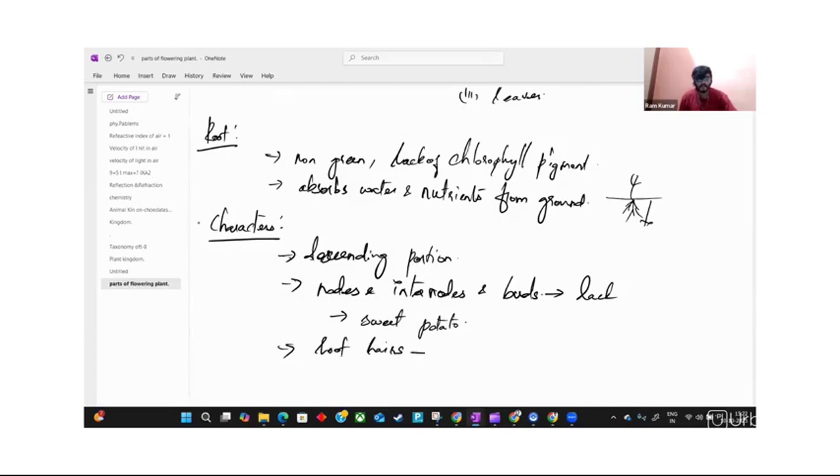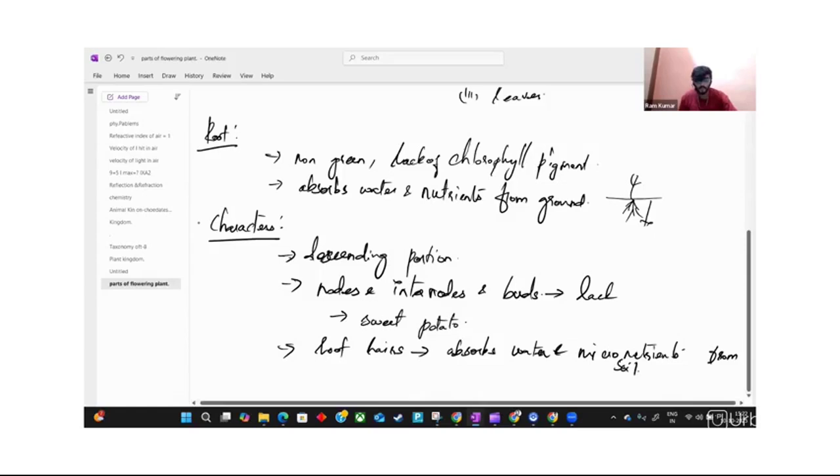These root hairs help the absorption of water and micronutrients from the soil.